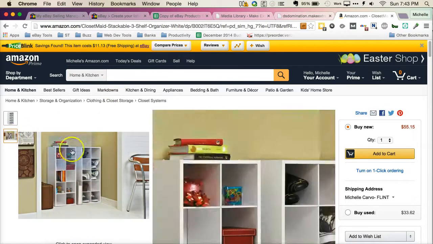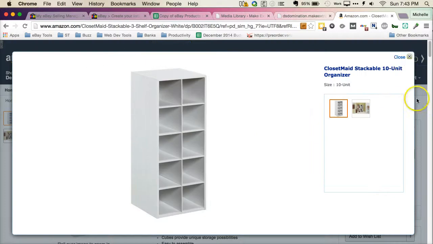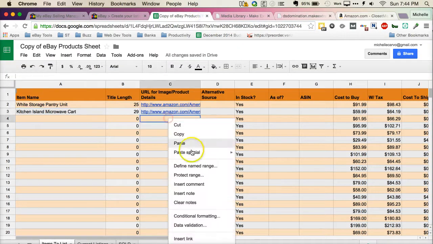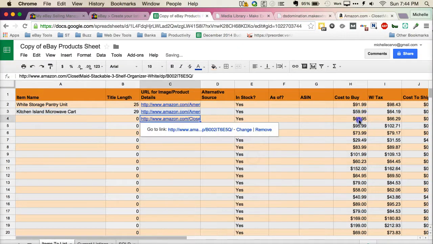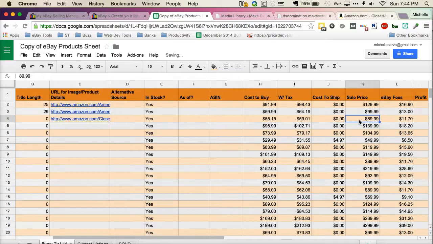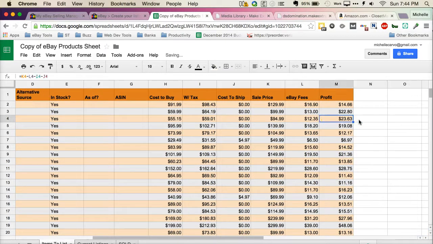You can see the pictures. Let's say we're going to sell this. It's $55.15 right now on Amazon. We're going to copy this URL for it. And it was $55.15, so let's say we're going to sell this for $94.99. I'm just randomly guessing.